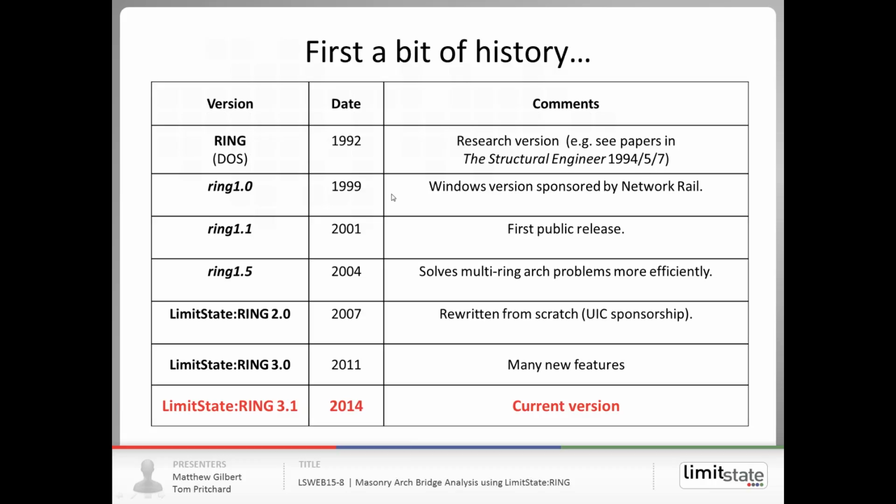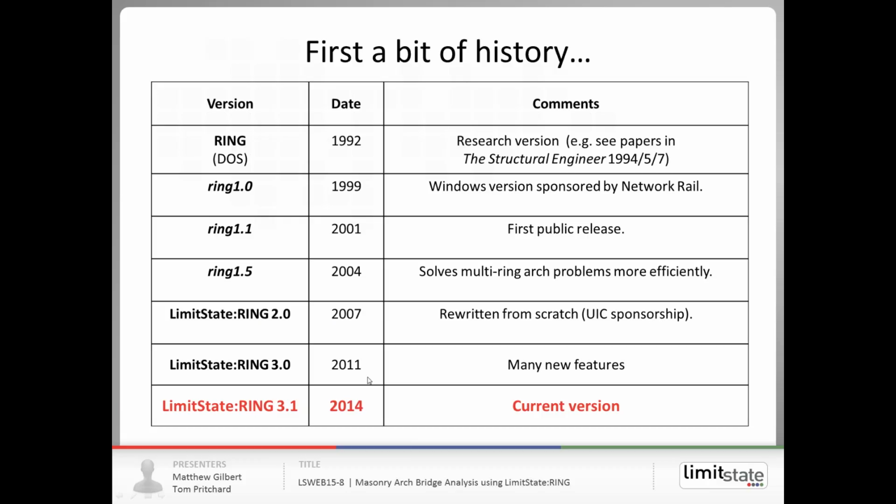We then developed a public version sponsored by Network Rail in the UK, and in the 2000s developed from scratch a new version in collaboration with the International Union of Railways, UIC.